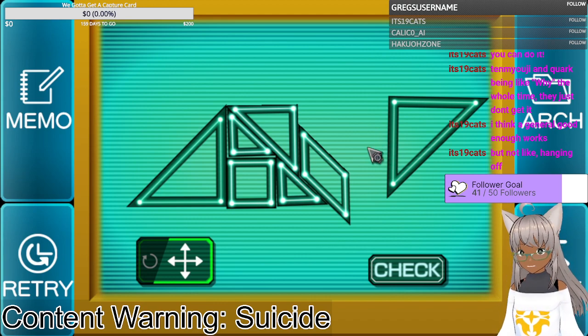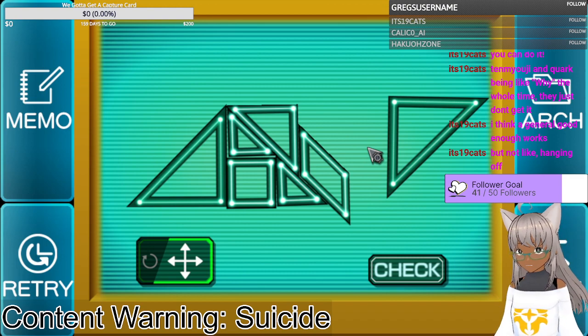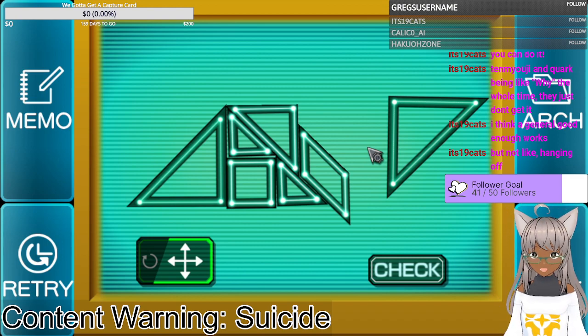I think this would be so much easier if I were putting them together physically, right? Like, if they had collision, I feel like this would be easier for me. I need the tactile feedback when I'm building my shapes.